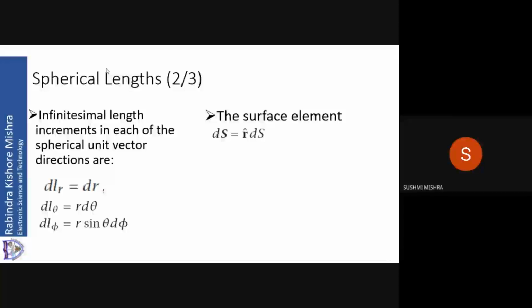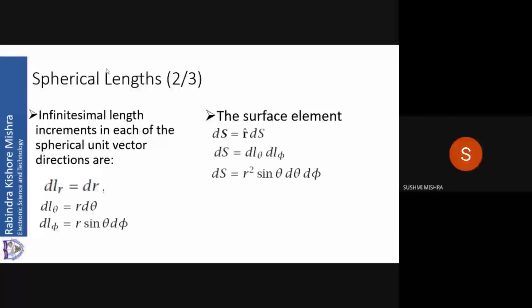Now let me write ds, which is in the right hand side. That is dl theta into dl phi. Now put the values of dl theta and dl phi that we have got. dl theta is r d theta, dl phi is r sin theta d phi.